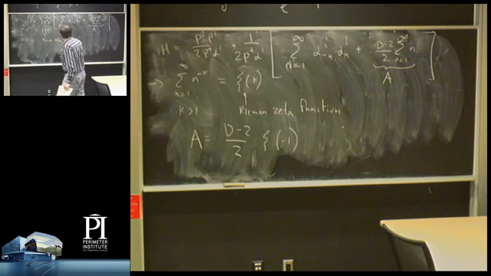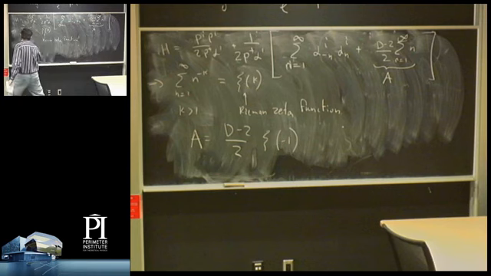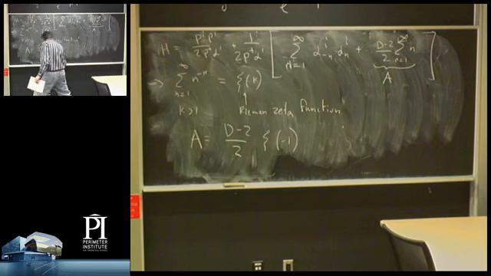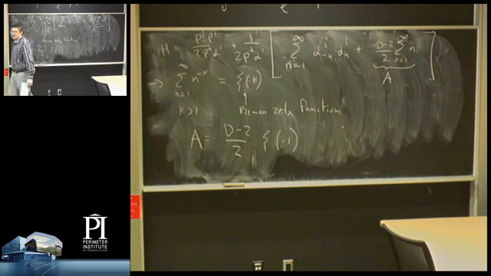So that tells me that actually the constant a that I need is (d minus 2) divided by 2, and then what I need to know is the value of the Riemann zeta function evaluated at minus 1.